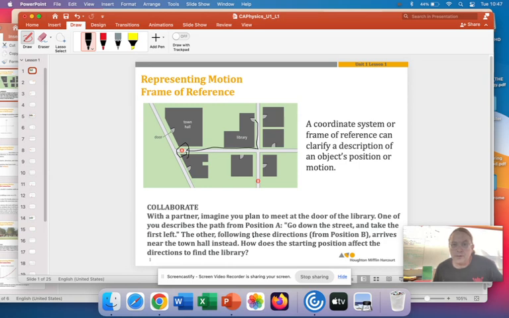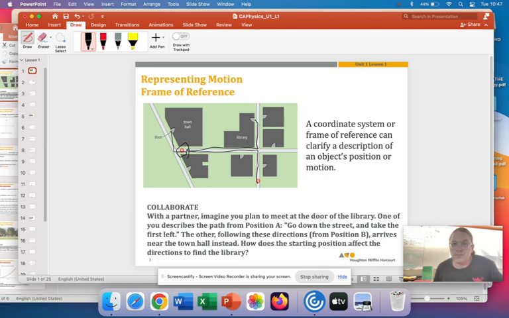The other person, following these directions, goes down the street and takes the first left, and you would go to town hall instead.